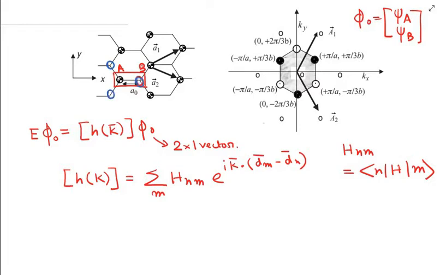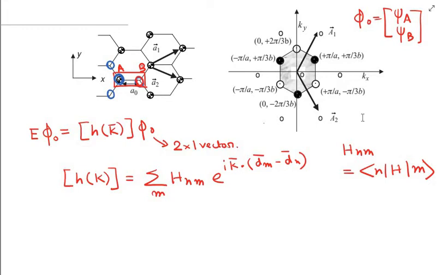This atom belongs to the same unit cell, and we will consider that the matrix elements between this atom and its nearest atoms are given by minus t.